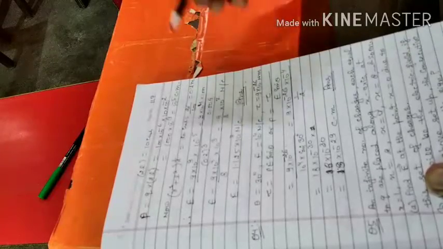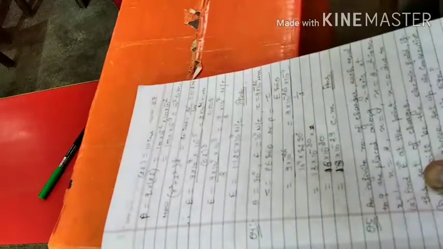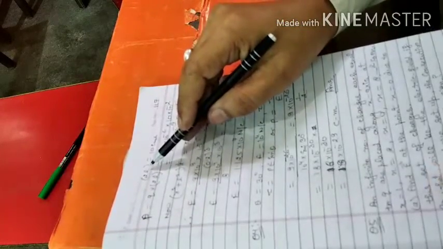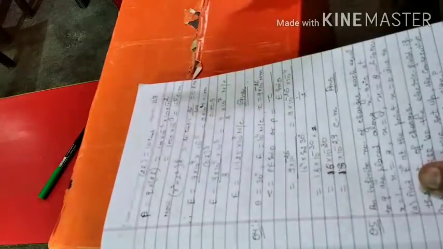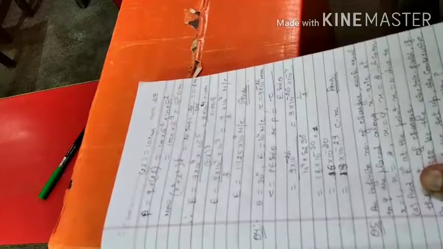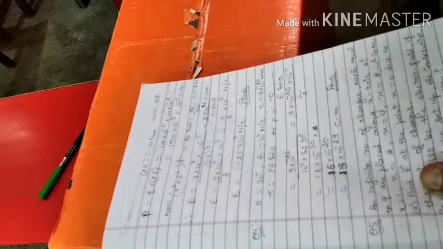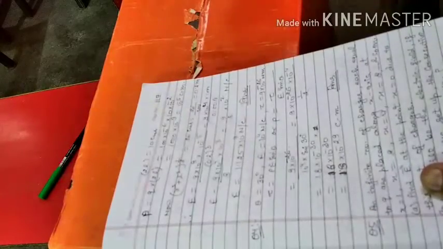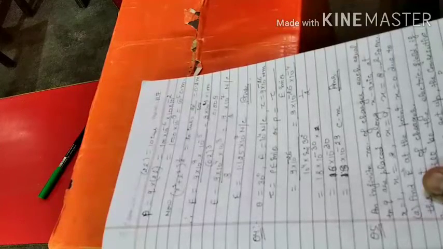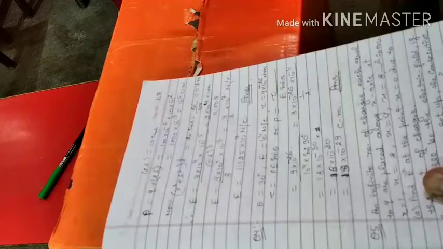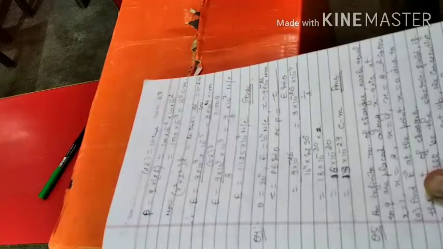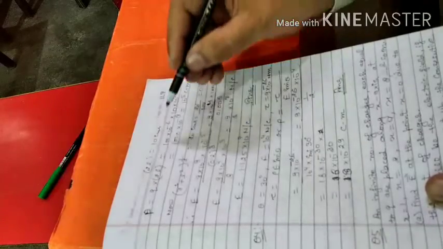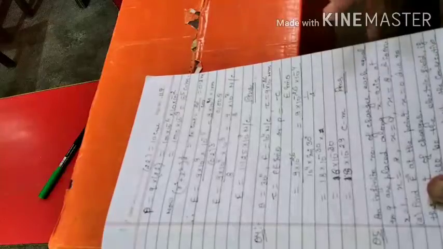If R is very much greater than L, suppose R is given as 20 meters and L is given as 1 centimeter, then L is very small and the L square can be neglected. Then we will use the formula E is equal to 1 upon 4 pi epsilon 0 into P upon R cube in the case of the equatorial line. So only for the discussion of this I have taken this very simple example.